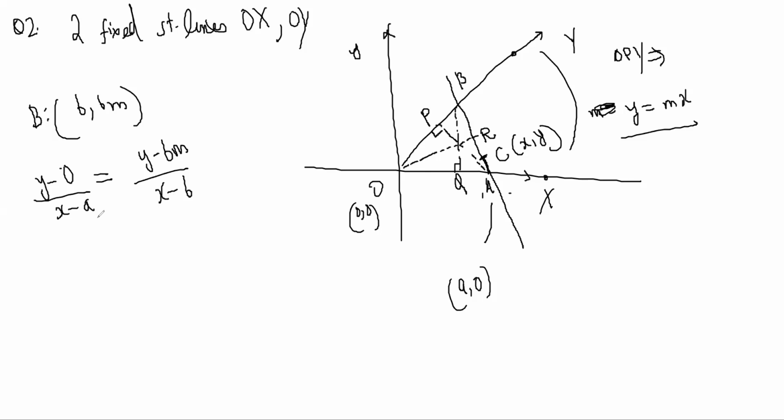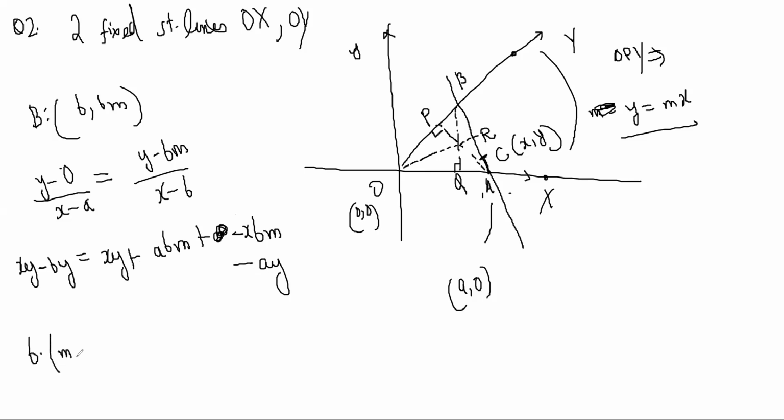So now if you multiply and all, you should get some nice formula. So xy minus by is equal to xy minus abm plus... so plus abm, minus xbm minus ay.